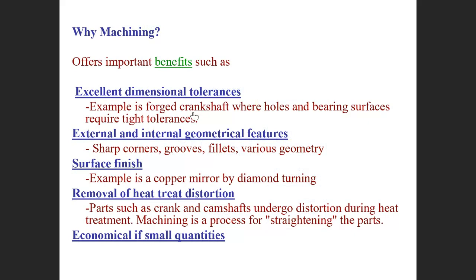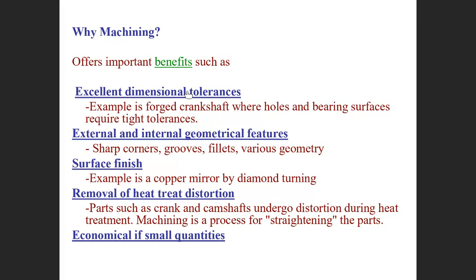Okay, why machining? Machining is a very, very important process. Listen to me carefully, guys. Machining is the most accurate and precise shaping process among casting, powder, forming, and so on.